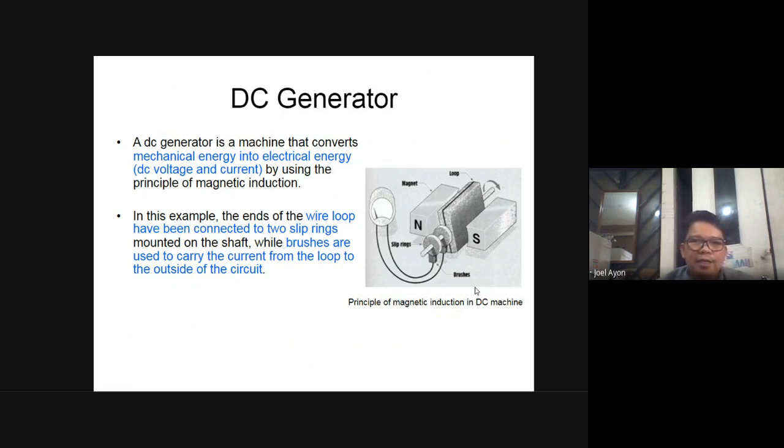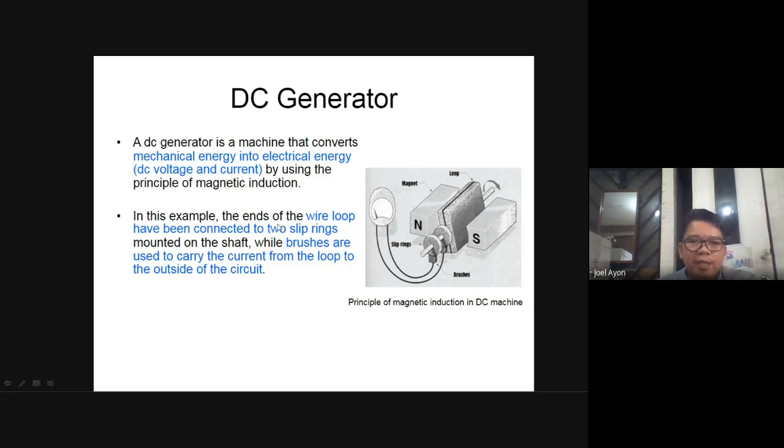The DC generator produces, of course, DC voltage and current, by using the principle of magnetic induction. All right. So as you can see in the illustration, it shows the principles of magnetic induction in a DC machine. Okay, so basic illustrations of the DC machine principle.